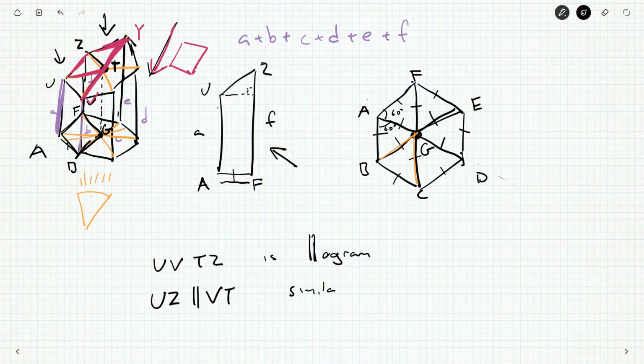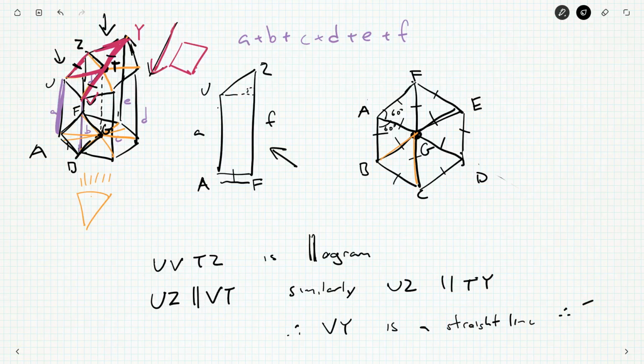Similarly, the redder parallelogram, UZ is parallel to TY. Therefore, VY is a straight line. But not only that, because it's a parallelogram, these are the same length. Therefore, T is the midpoint. So it's not just the midpoint in terms of projecting upwards. It is, in fact, the midpoint of this line and this line and this line.